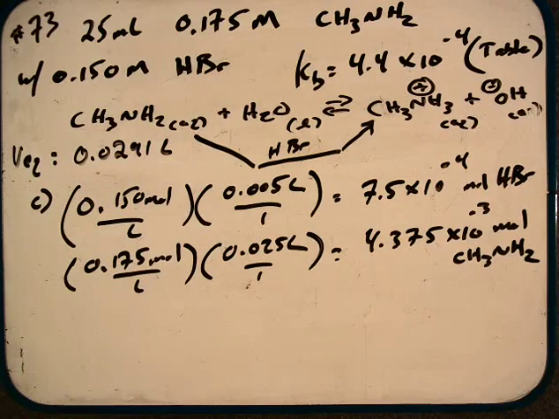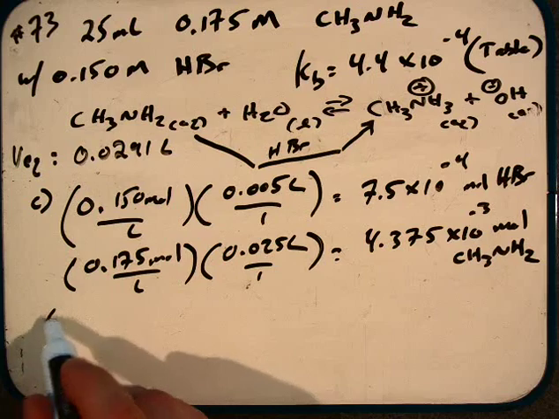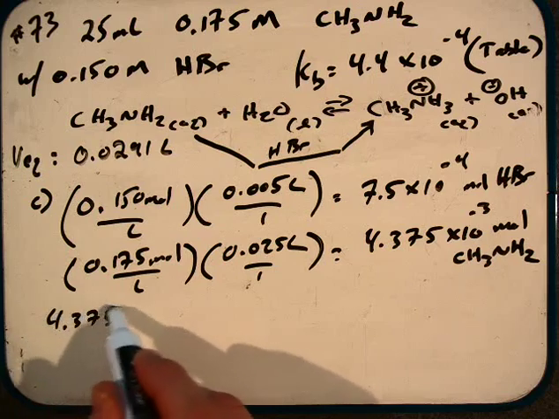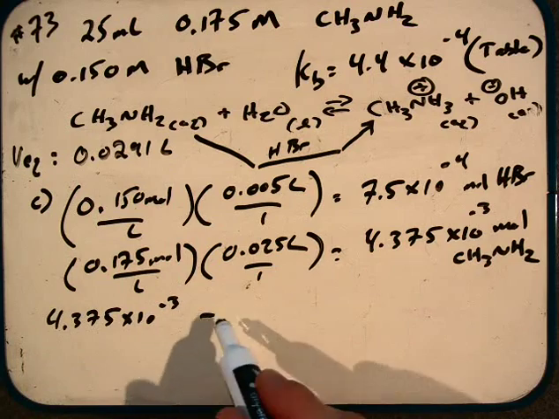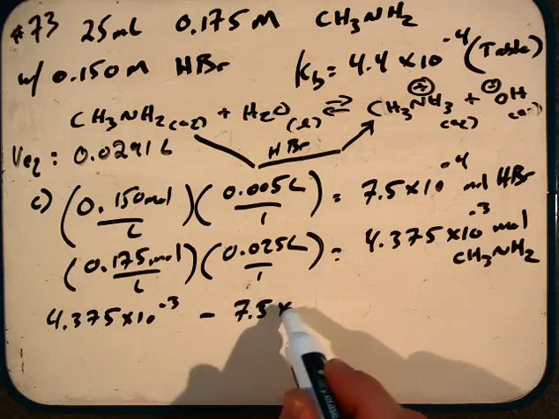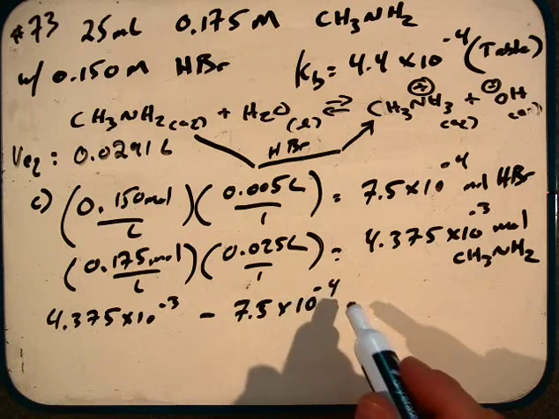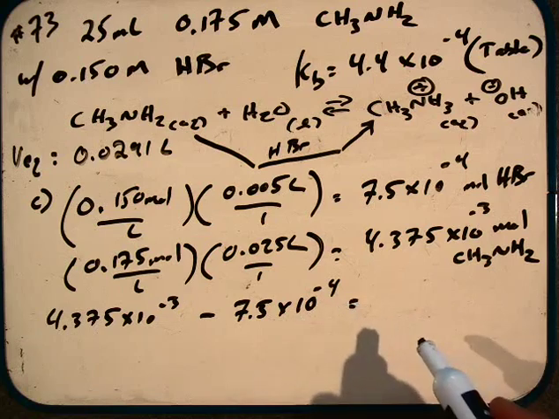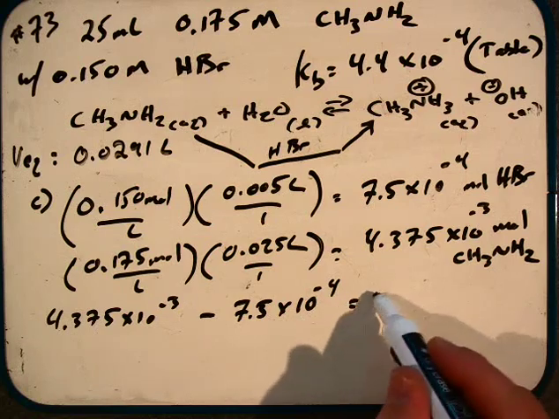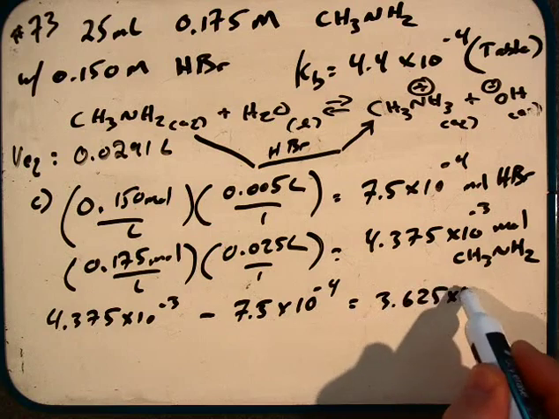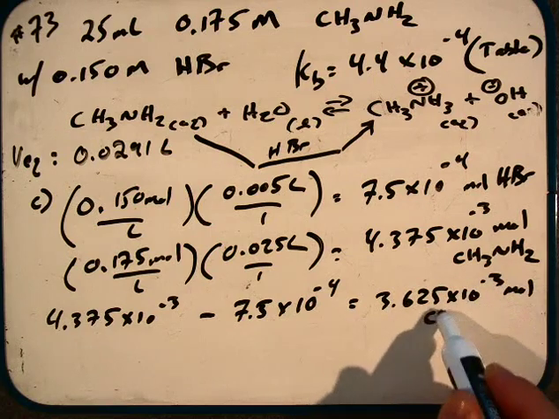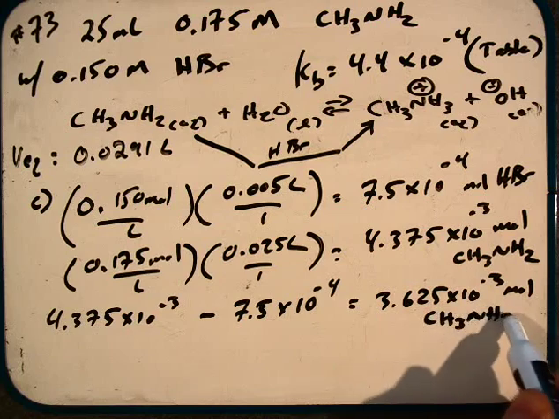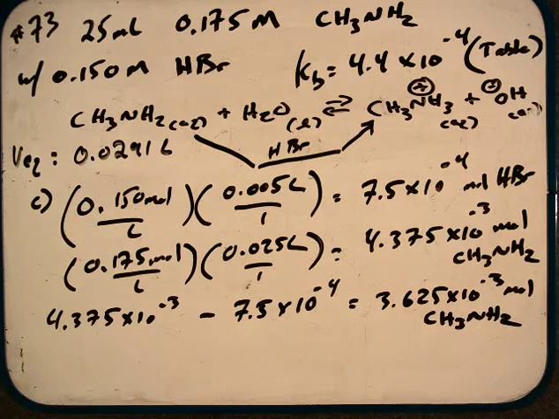And so we are going to now subtract. For every mole of acid, that's going to take away a mole of that base. And so we end up with 3.625 times 10 to the negative third moles of our methylamine left over.